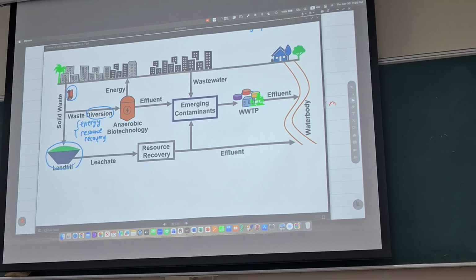So as I say, don't dump all the waste to the landfill. You dump waste in landfill, that's the last resort, the least preferred measure. Some of the waste can be used for energy or resource recovery. We call this waste diversion.